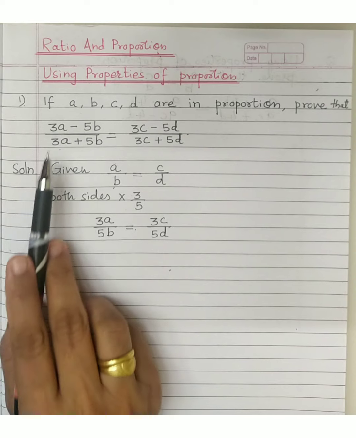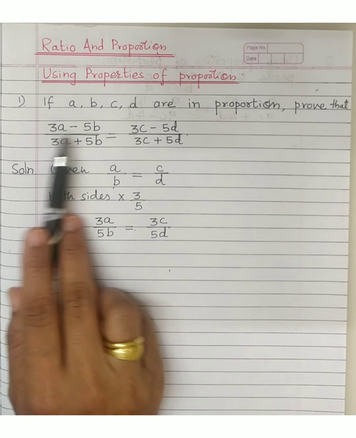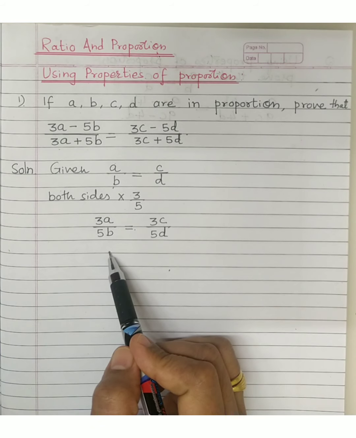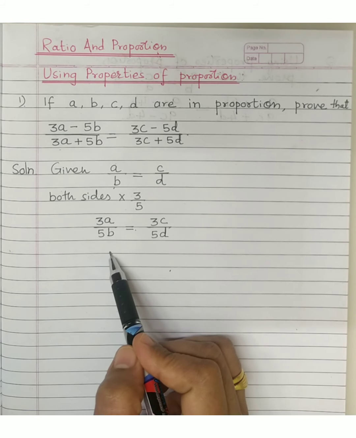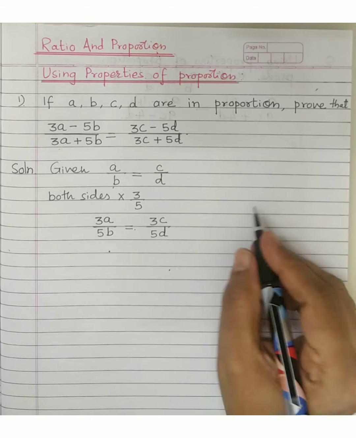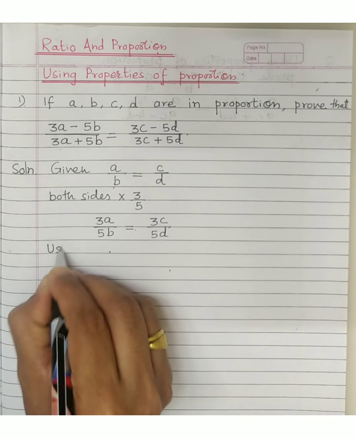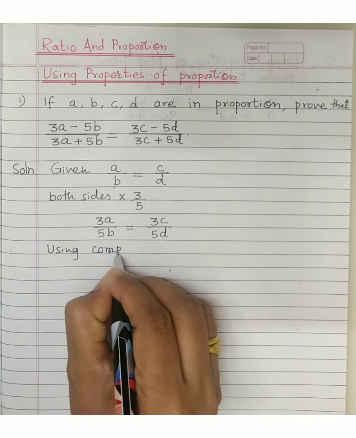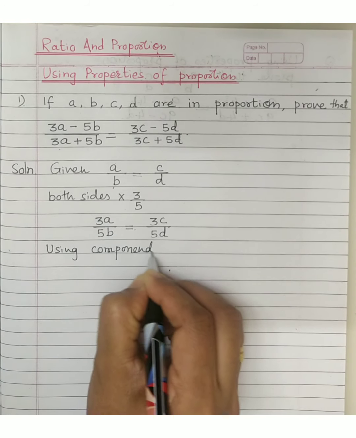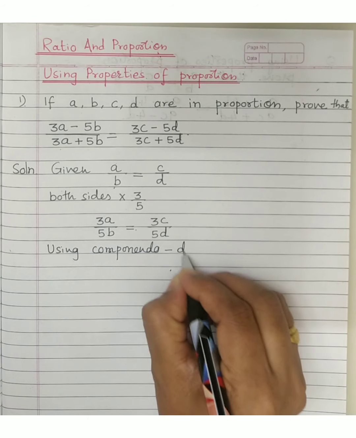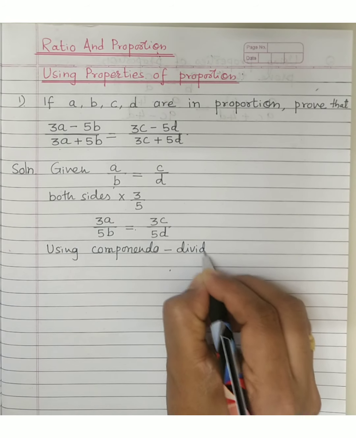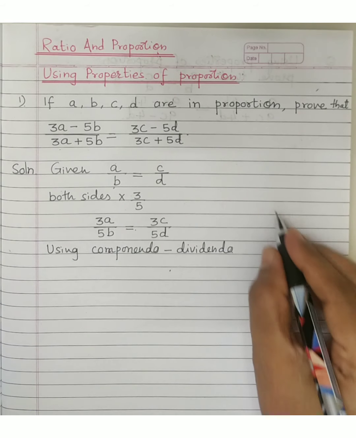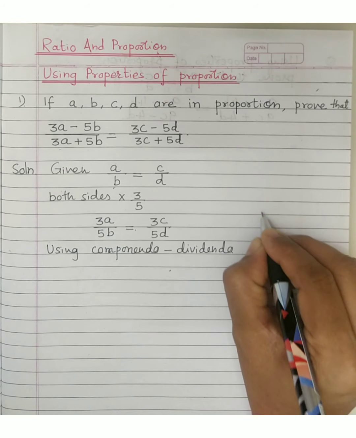Now you see the application here. 3A minus 5B, 3A plus 5B. So this will ultimately be the application of componendo dividendo. Remember, using componendo dividendo. When you do more sums, quickly looking at the question only you will be able to understand. Recall how do we get componendo dividendo's result?